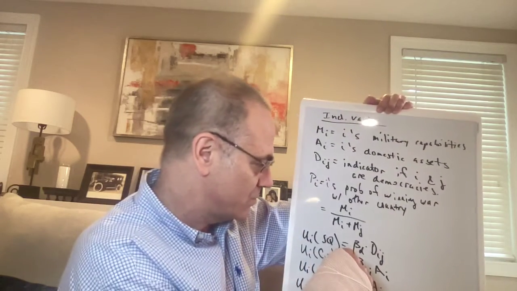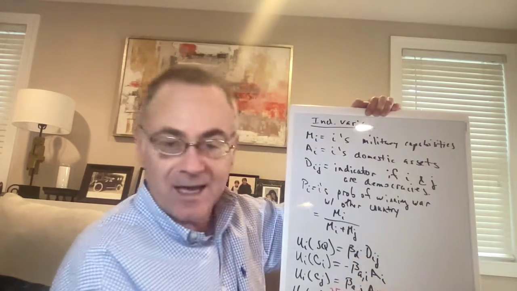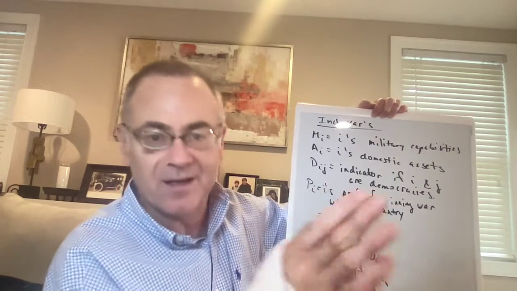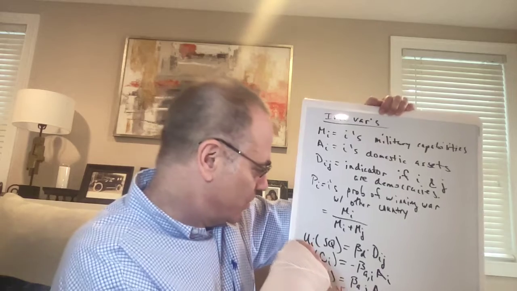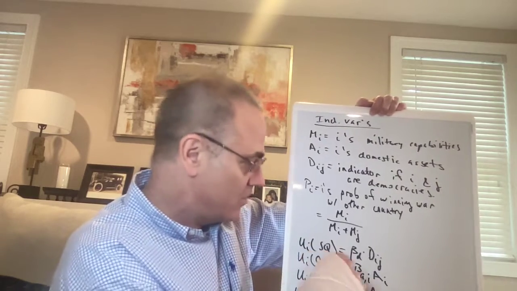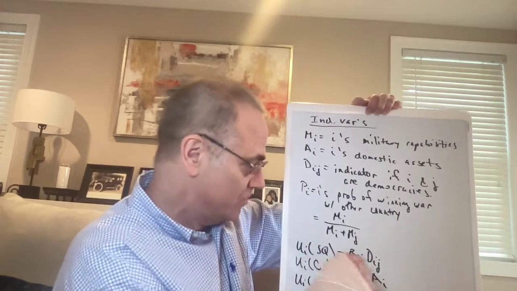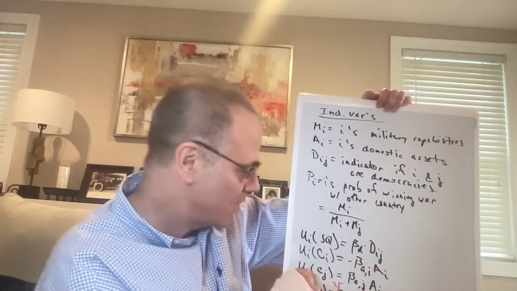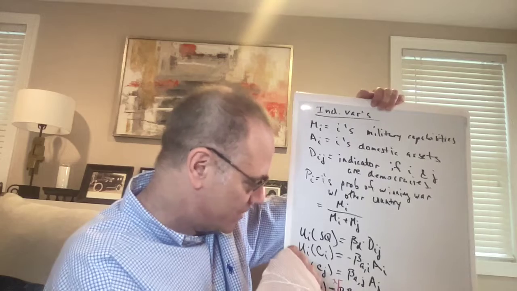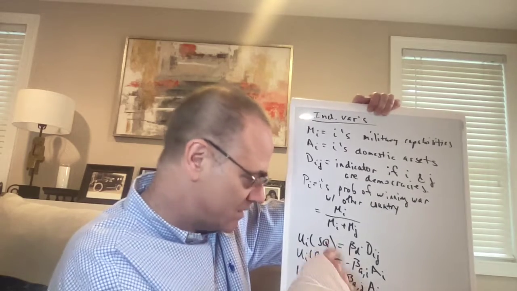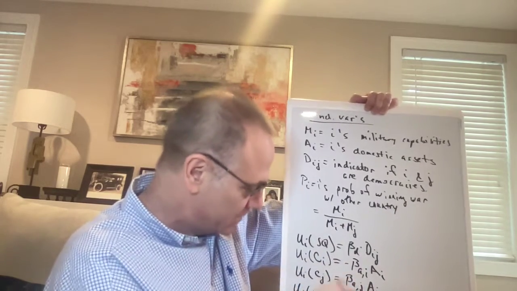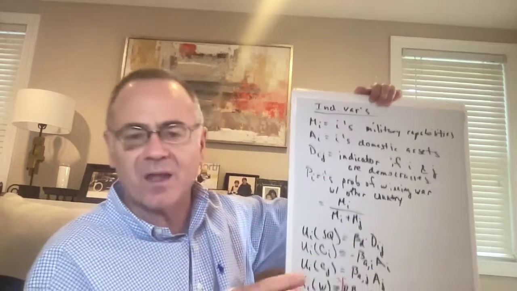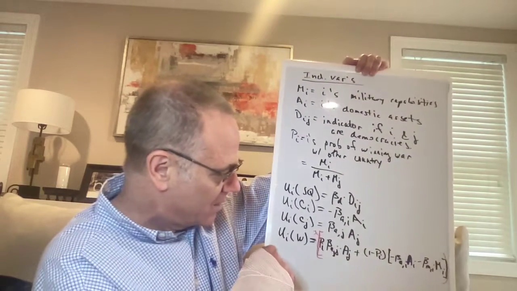So beta d, that's 20. Dij, that was either 1 or 0, depending on the draws. So u1 of status quo is something, u2 of status quo is something similar. We know this just from what we've drawn. We can do the same thing for ui c1, ui c2, and then he does something for war.